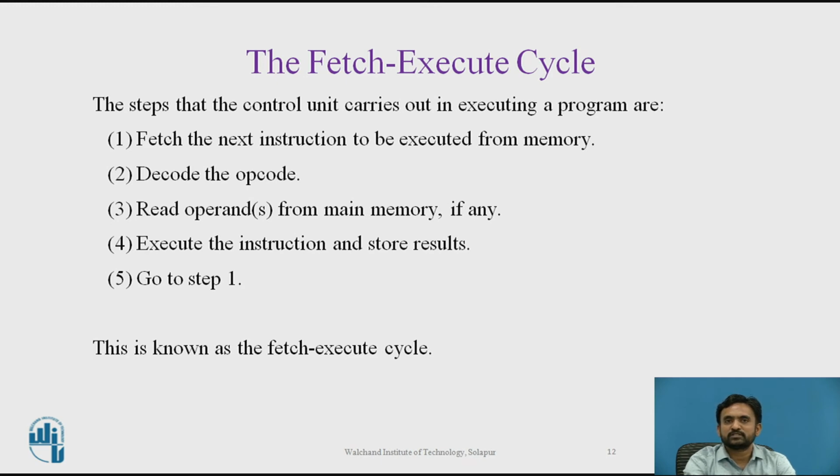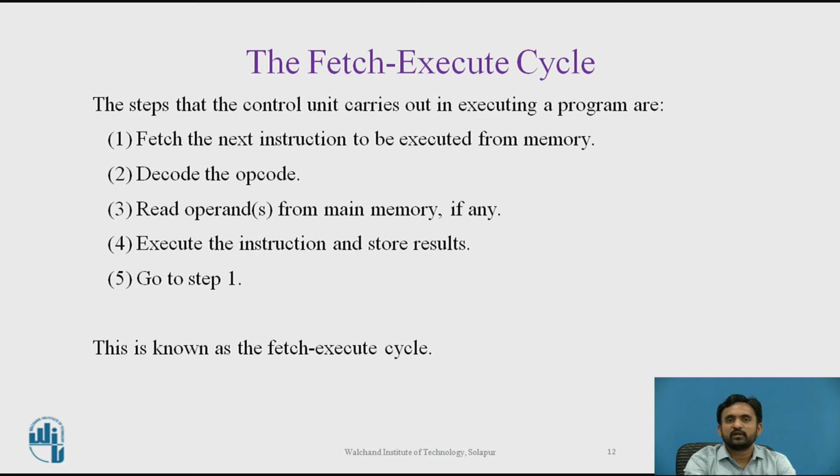Some of the steps by which the control unit carries out the execution of a program are: very first, fetch the next instruction to be executed from memory; second, decode the opcode; then read the operands, right? Then in step number 4, execute the instruction and store the results.